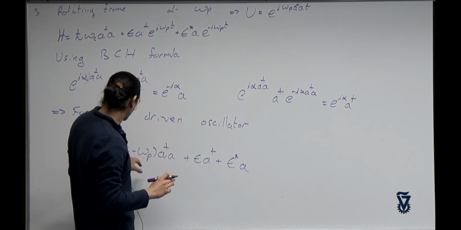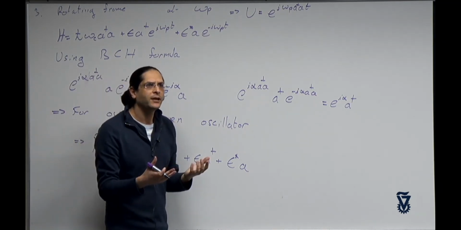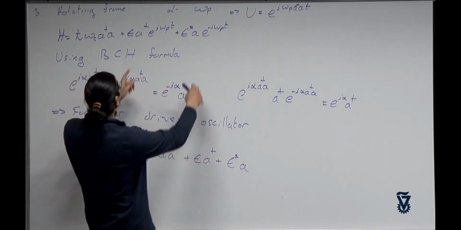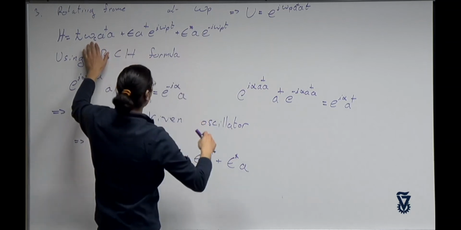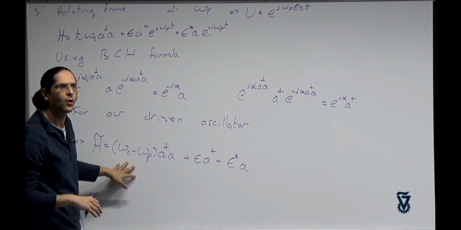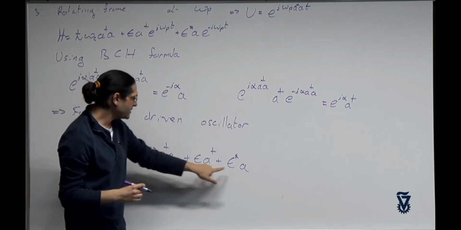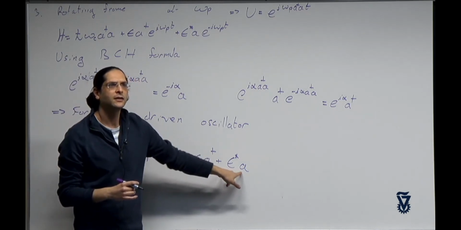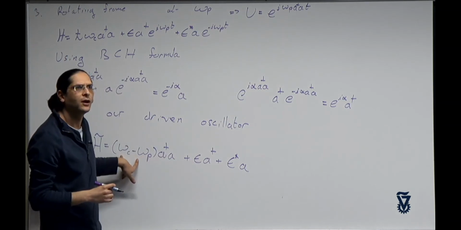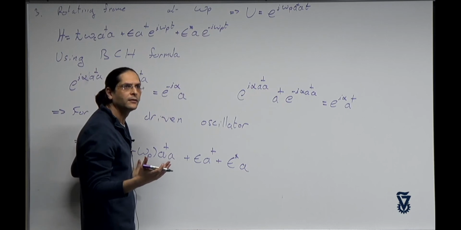If I now went into the interaction picture, I could take this part and go, let's say, omega P equals omega C. Or you can go into a picture where this goes away and this gets time dependences with exponentials, and only the exponentials will have the difference of omega C, omega P. So you can choose what frame you want to look at.